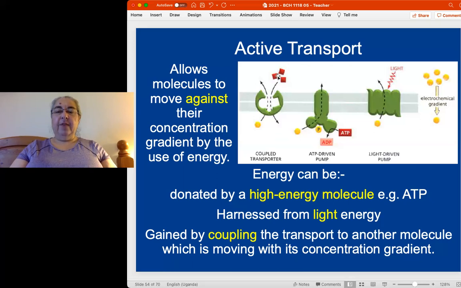And by moving from high to low, this coupled transporter is able to also move the yellow molecule from low to high at the same time. Okay, so active transport can get the energy in several different ways, but they are all forms of active transport.